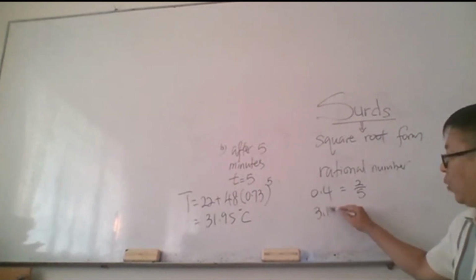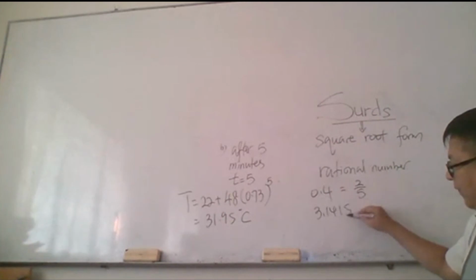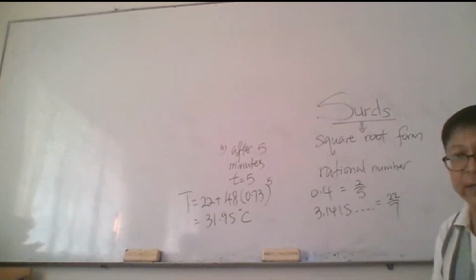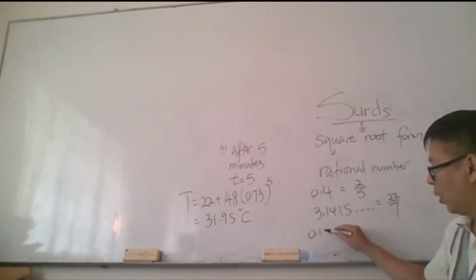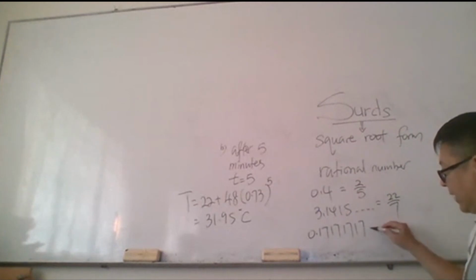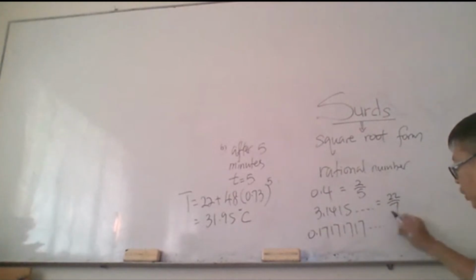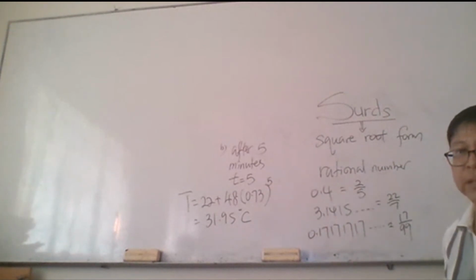And 3.14, we can express as 22/7. And 0.17171717, this is called a recurring decimal, so we can express it as 17/99. These are rational numbers.